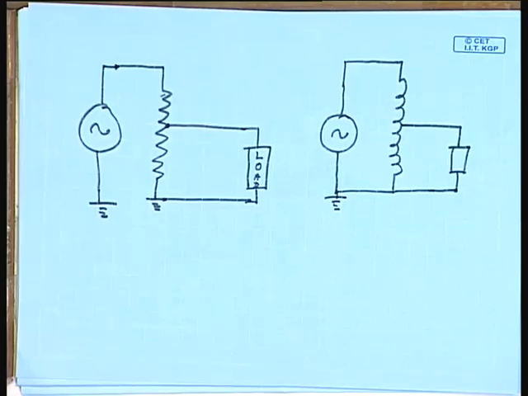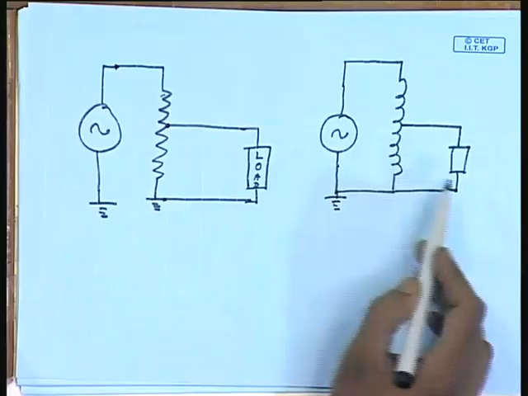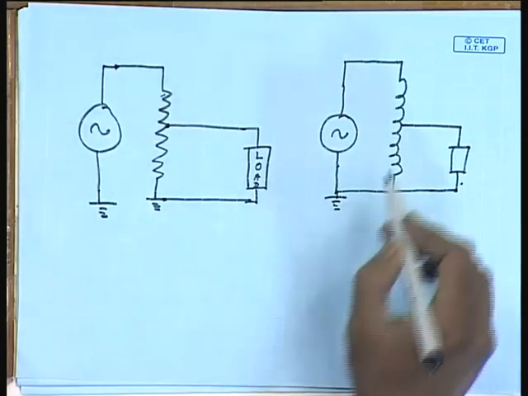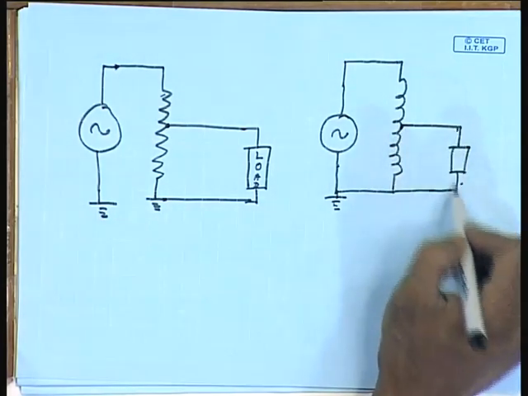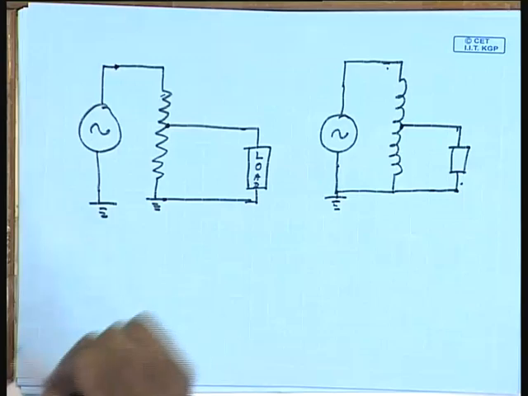But then this circuit is not just an inductive potential divider, it is something more than that. If you exchange the position of the load and the source, that is, if you supply the power at this point and connect the load here, the load will see a voltage which is larger than the supply voltage. So, this construction, as we will see, is actually called an auto transformer, and we will have occasion to discuss it in more detail at a later point of time.